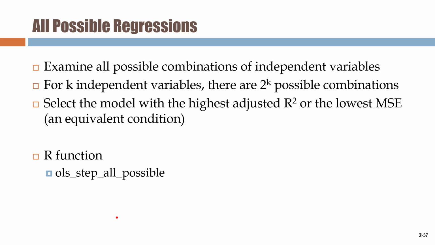All possible combination regression means you try all possible combinations of independent variables. One variable, two variables, three variables, four variables. Even with two variables, there can be a lot of different combinations, right? How fast it's growing! If you have k independent variables, there are 2 to the power of k possible combinations. If you have 10 independent variables, there will be more than 1,000 possible combinations.